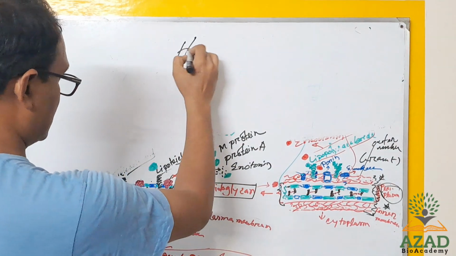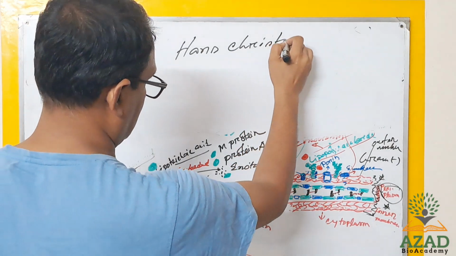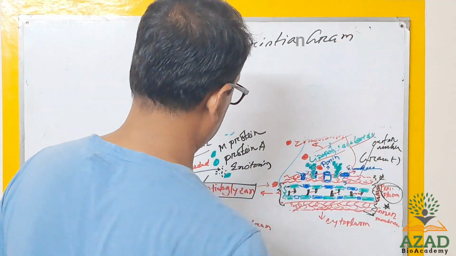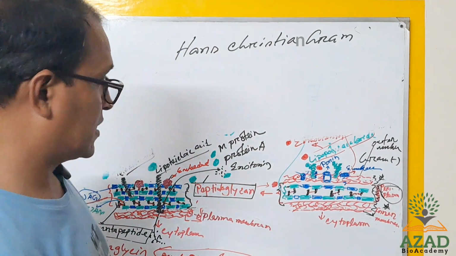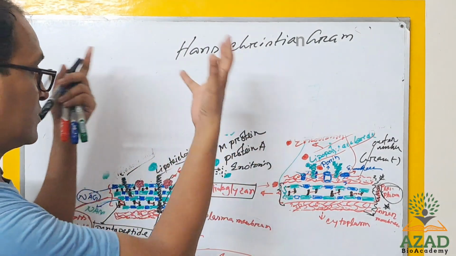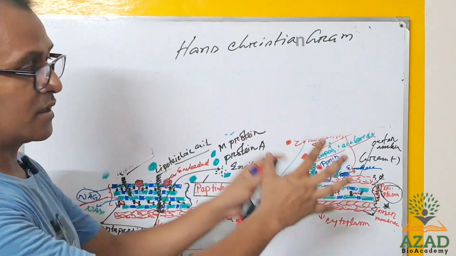Hans Christian Gram was the discoverer of the gram staining technique, and based on the staining technique, bacteria are gram-positive and gram-negative.